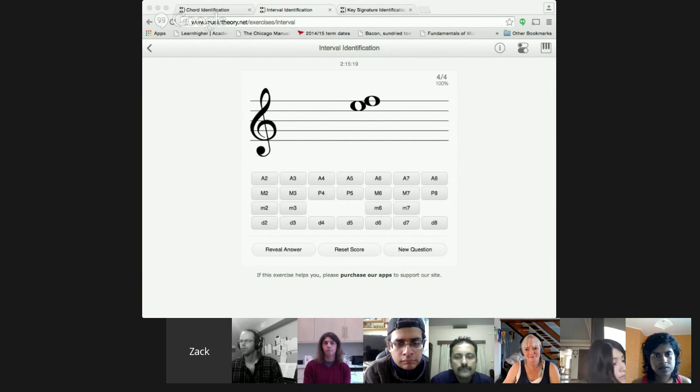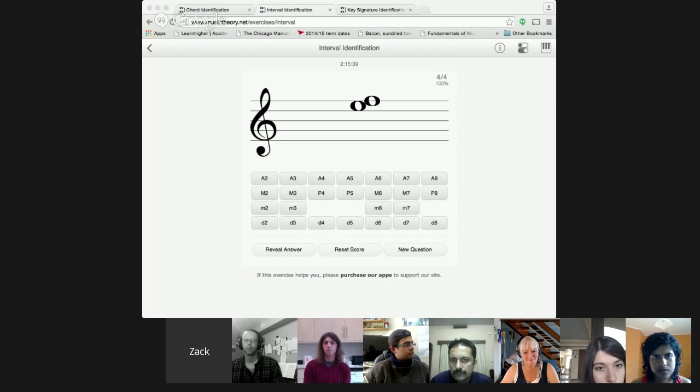Okay, well, I'll start us off with this first one. So we've got, at the most basic level, a space and a line, and if we need to work it out, we realize that the space is an E and the line is an F. Now remember, we count the notes themselves, so we count lines and spaces. In this case, we're going to count E, space, F, line, 2.